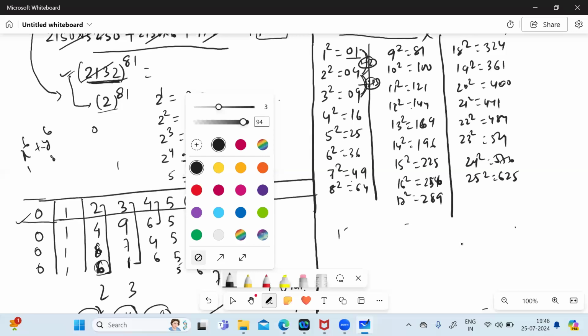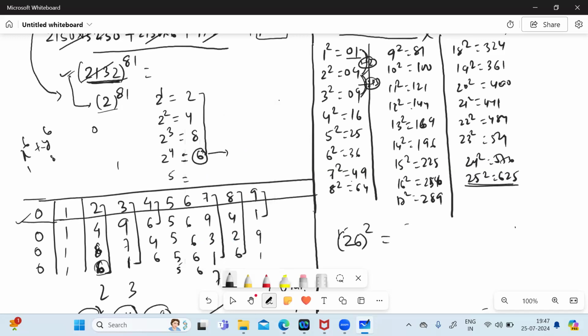Let's go for the next number. 25 square I have already written here. If I want to find what will come as the last two digits when we square 26, I'm not finding the real value of 26 square, I'm just trying to fetch the last two digits. In order to do that, I'll represent the same number 26 as 50 minus 24.